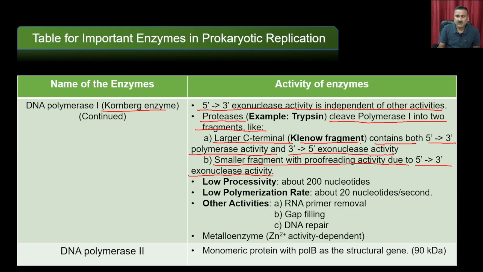The Klenow fragment is also very important and very popular in terms of in vitro replication, such as PCR. Sometimes people use the Klenow fragment rather than the complete enzyme, because with the complete enzyme there is always a danger of the 5 prime to 3 prime exonuclease activity interfering with the DNA replication under in vitro conditions.